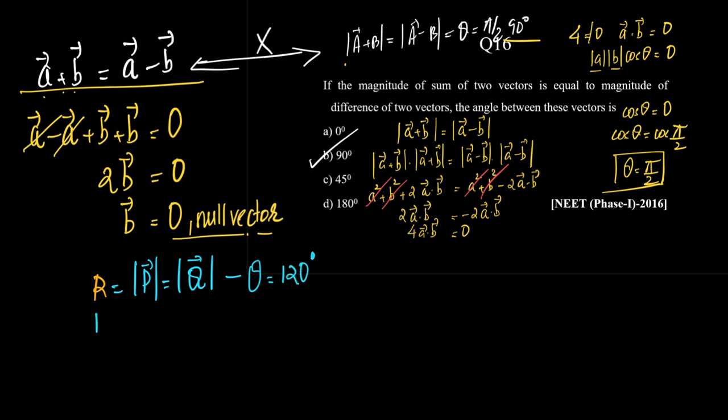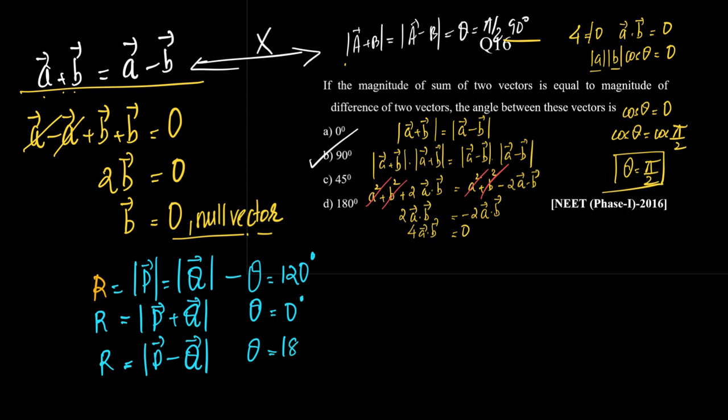If the resultant is equal to modulus of p plus q, or a plus b, then the angle between them is 0 degree. If the resultant is equal to magnitude of p minus q, or a minus b, then the angle between them is 180 degree. Okay. Now let's add one more result for your convenience.